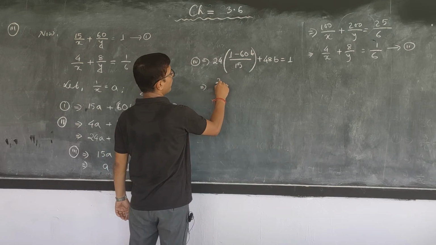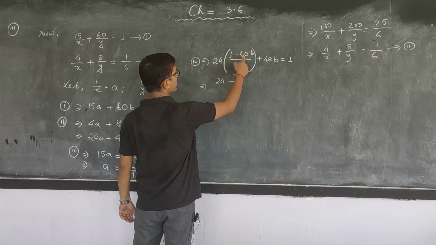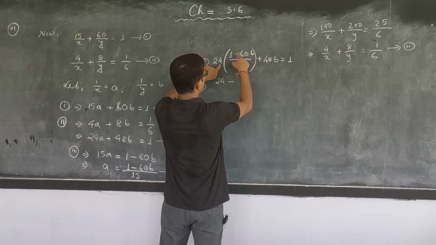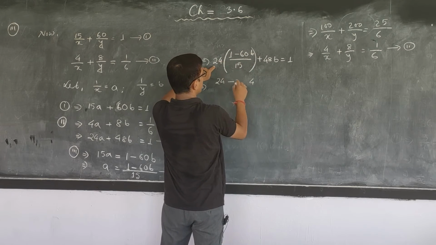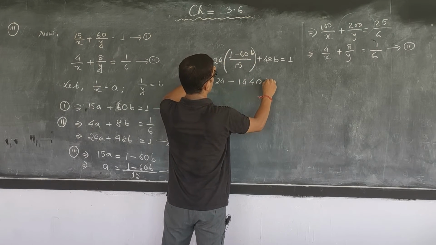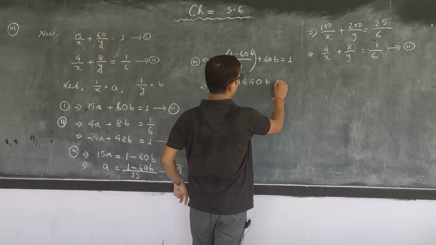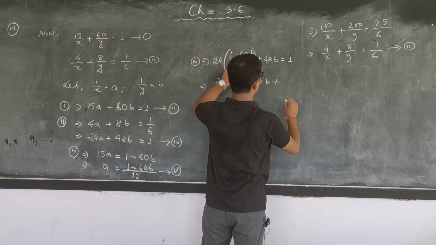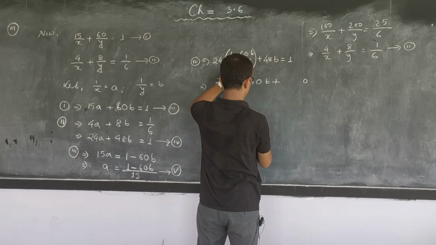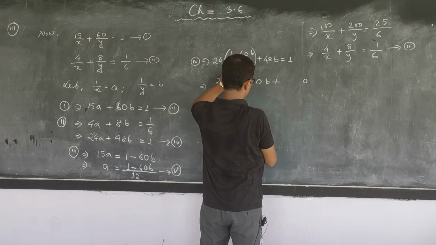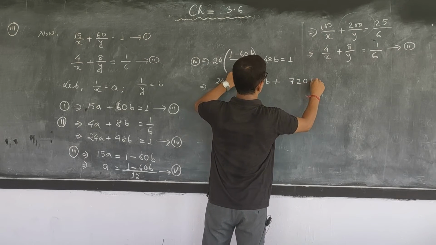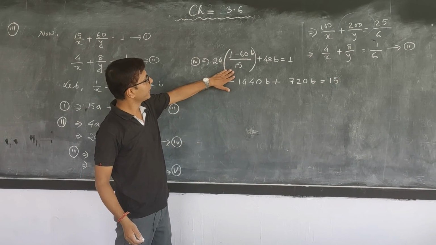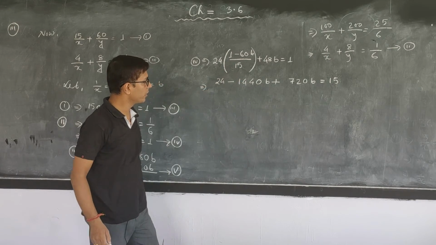Okay, so this will be 24 minus... if you cross it, then directly you can write it. Take an LCM and cross multiply together, we have written.